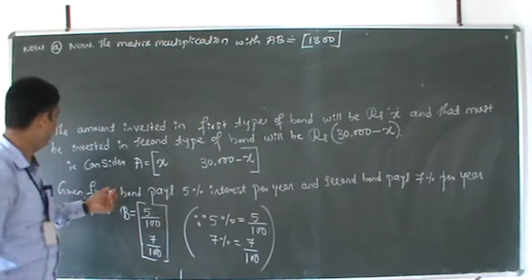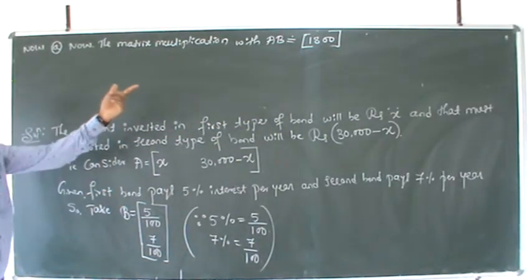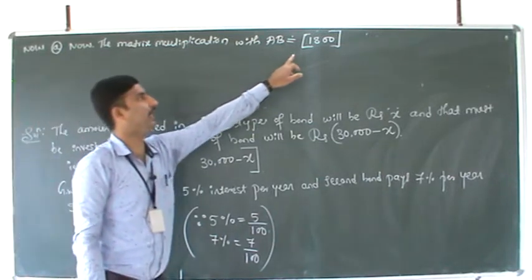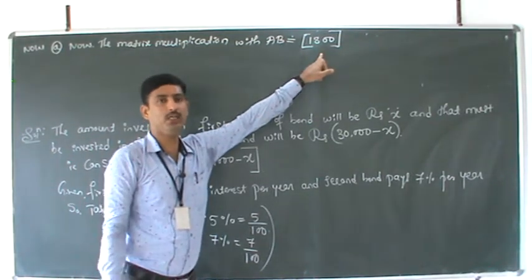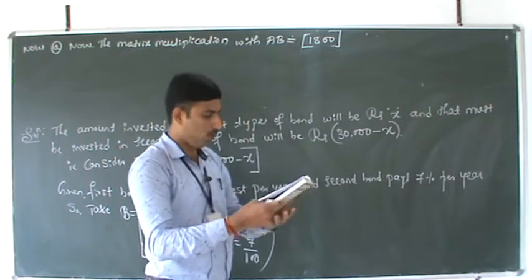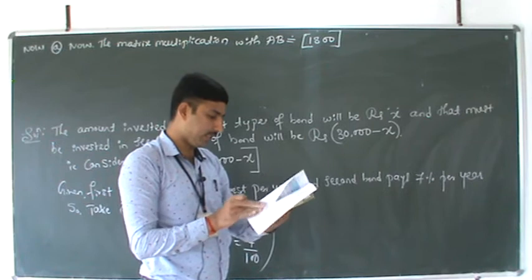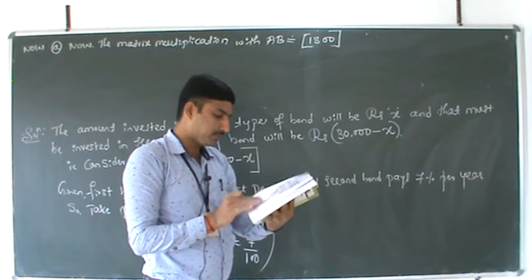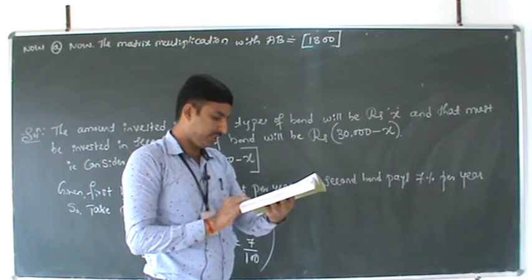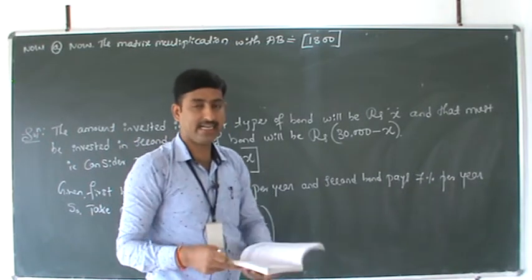What is given? The total fund. The amount they are given is 1800. After that 2000. Correct? They are given two types of bond. First case is 1800 and second case is 2000.